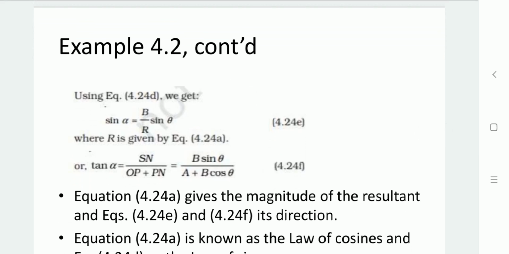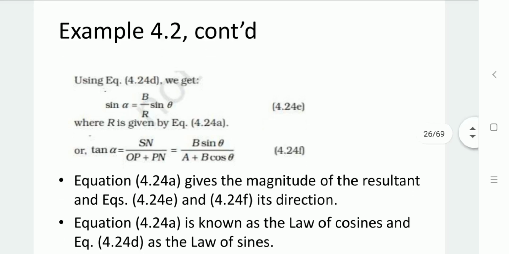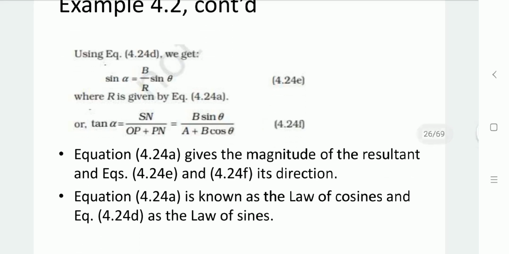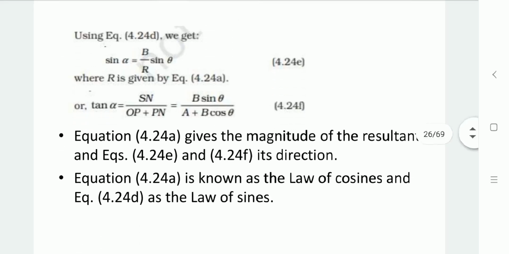Another way, we can also define tan alpha. Tan alpha equals SN upon OP plus PN. So it can be represented as B sin theta divided by A plus B cos theta. These three results define the direction of the resultant vector.